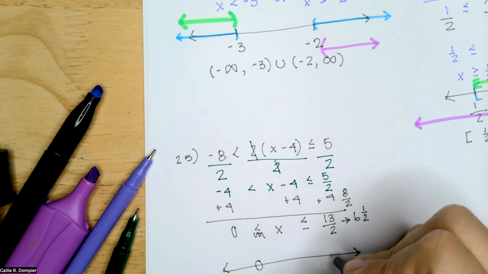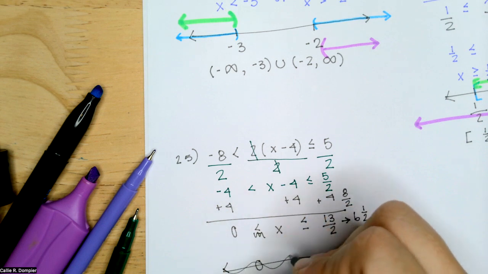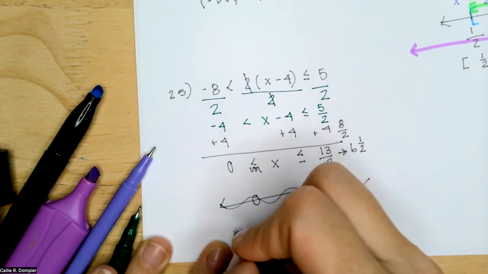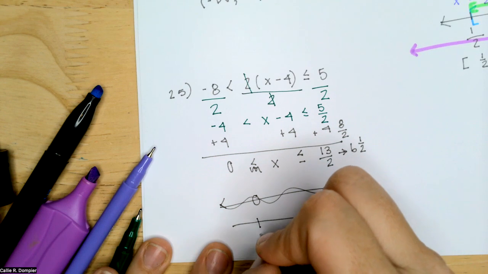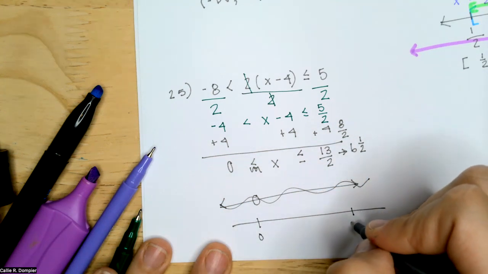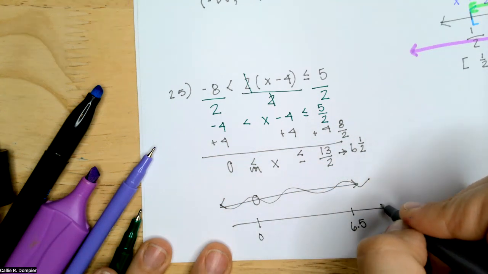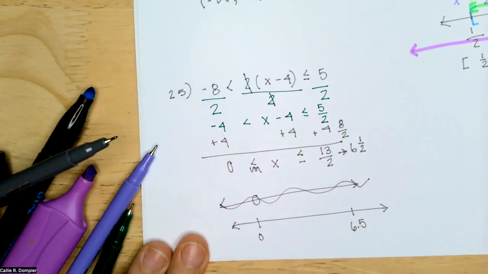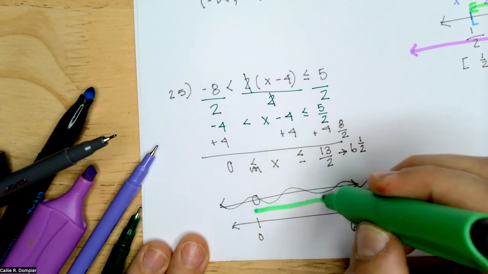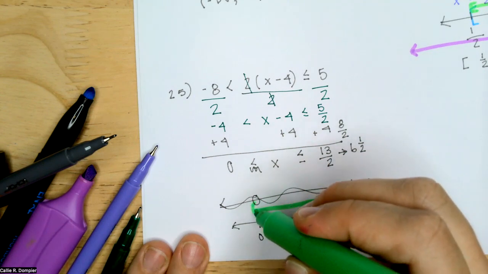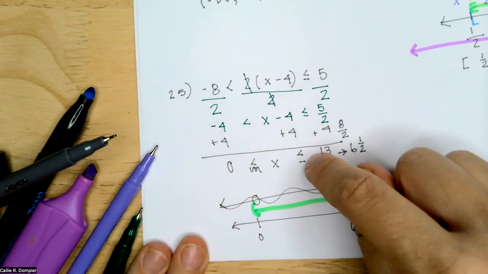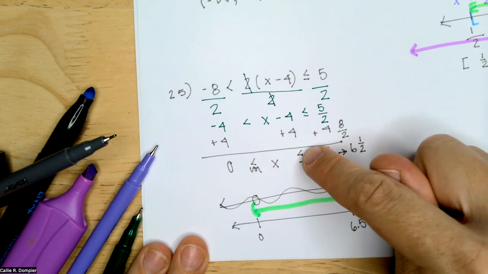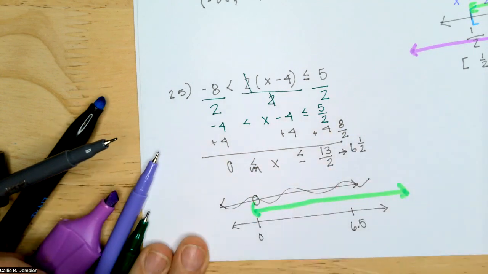So 0 and oops. It's not how we've been doing it. Here is 0. Here is 6.5. Good. And we said x is greater than 0. And here we said x is less than or equal to 6.5.